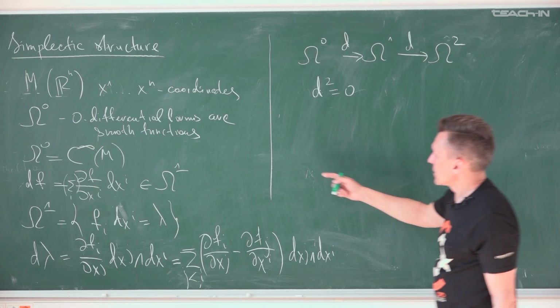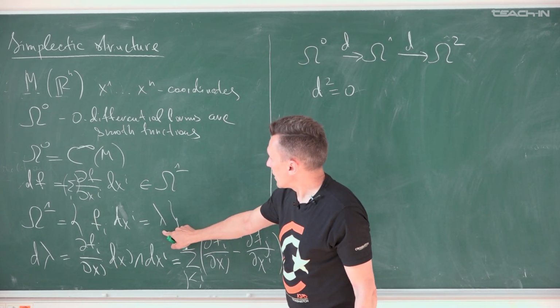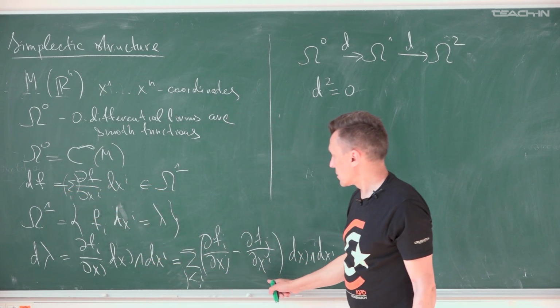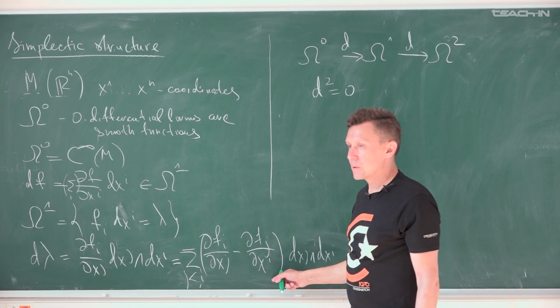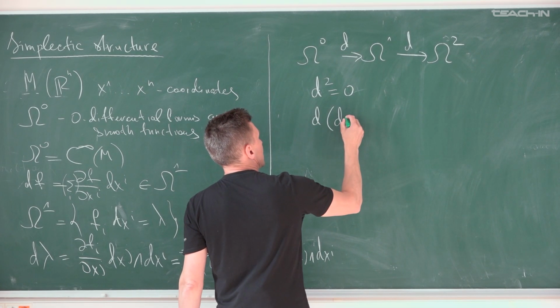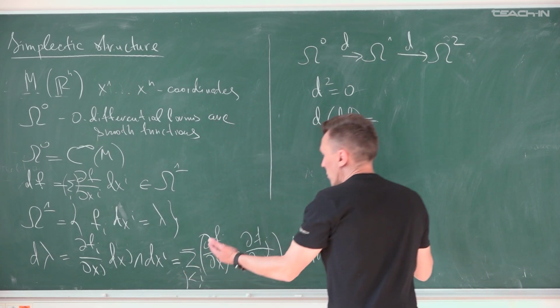It means that if you take the one form produced from a function, its differential will be 0. Okay? So the differential of df, what is it?